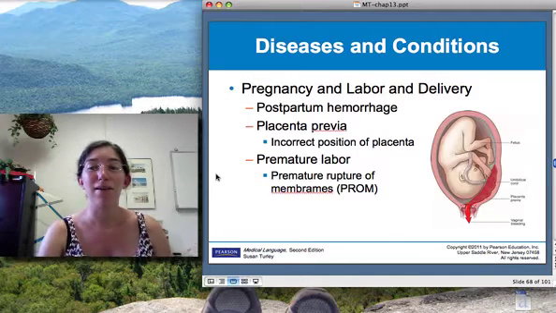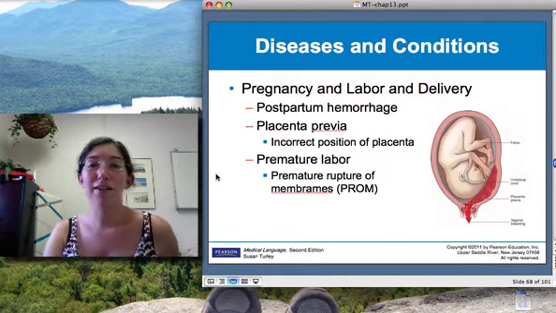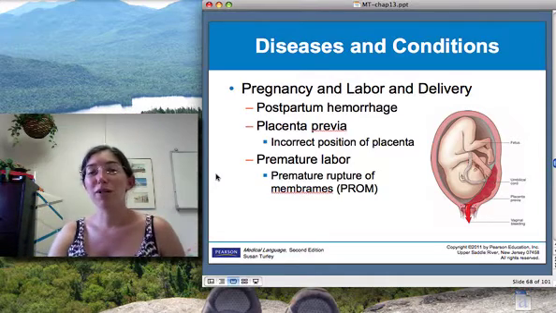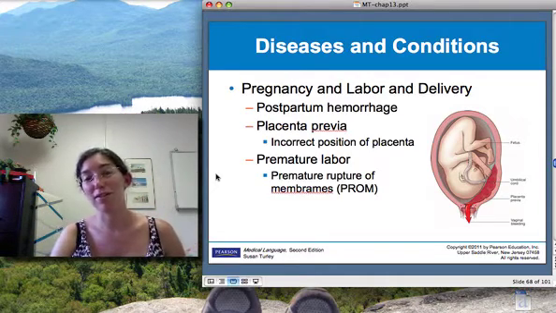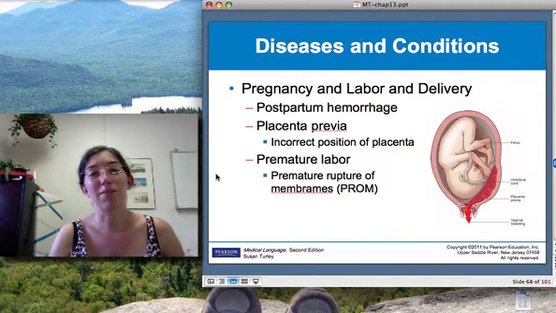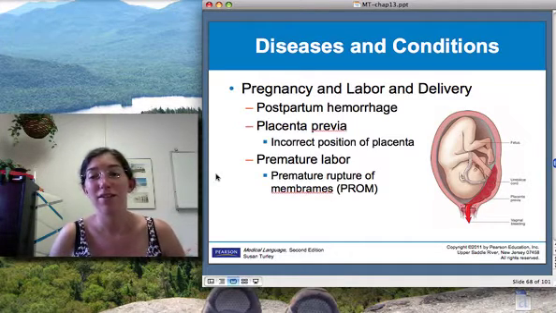Premature labor is always risky. There's going into premature labor, as in starting contractions too early, and oftentimes there are drugs that can counter that, stop the contractions and allow you to incubate a little bit longer.